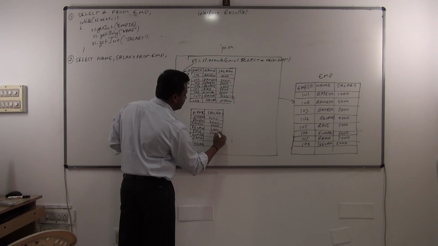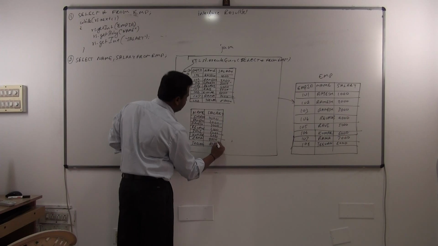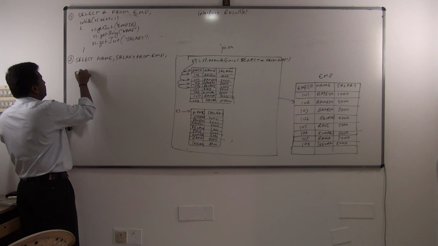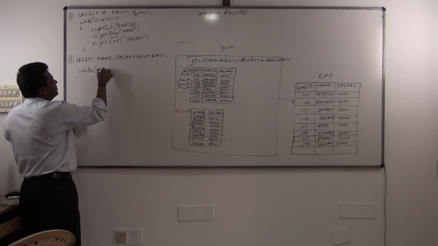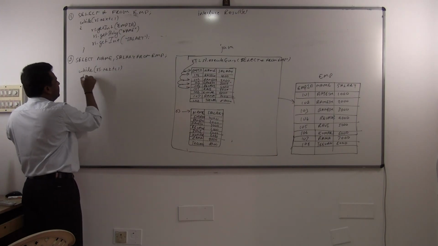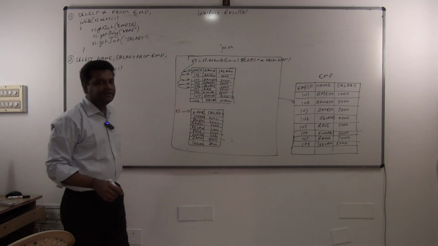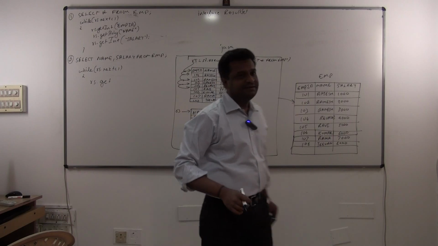And again, where is the cursor? Always before first. That is guaranteed. So the result set will be like this this time. So what will I say now? While rs.next, that is okay. Yes, but this time what will you say? rs.get what? getString, you have to tell.